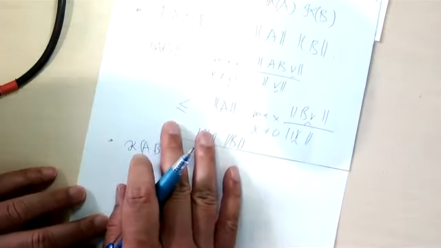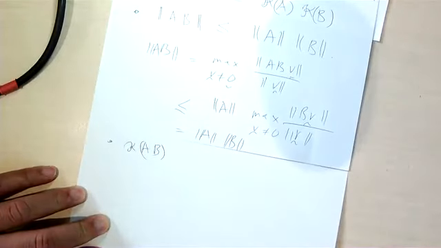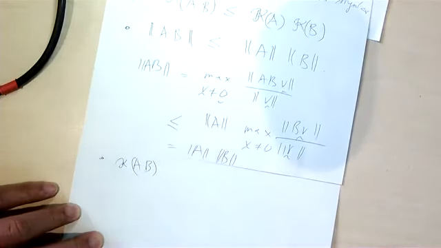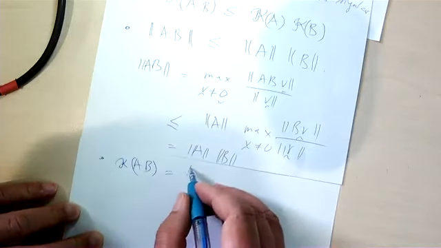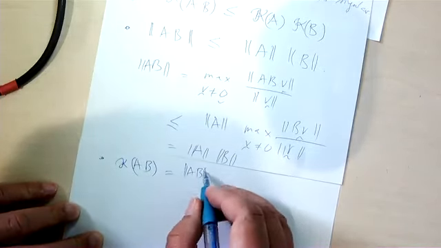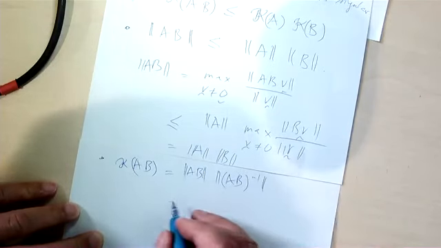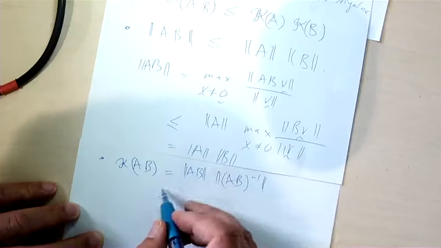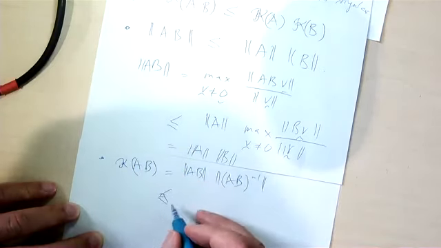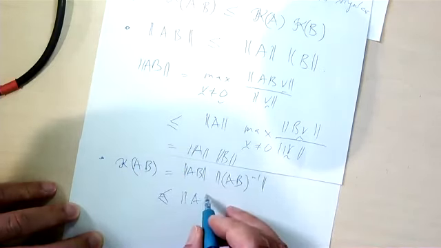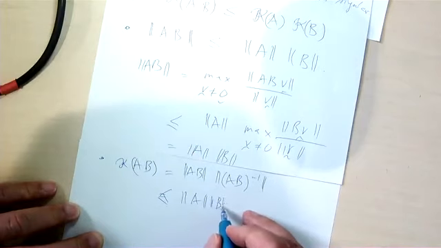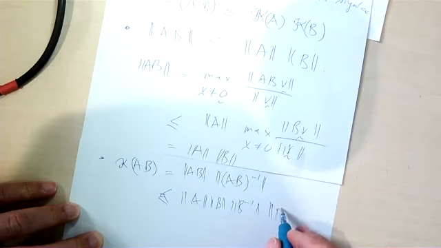Okay, so then it just equals the norm of AB times the norm of AB inverse. And you use the results there, just less than or equal to the norm of A times the norm of B times the norm of B inverse times the norm of A inverse.